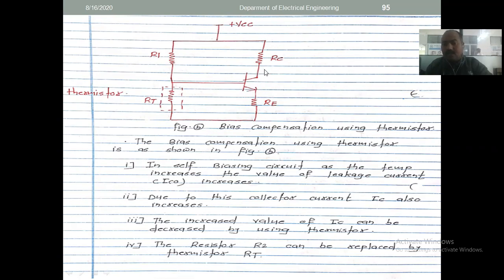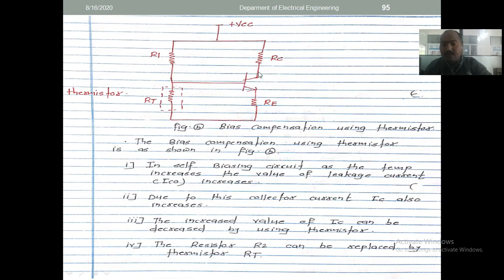So current conduction happens due to the majority as well as the minority charge carriers. But in case of leakage current, as we increase the temperature of the device, the leakage current, that is the current due to the minority charge carriers, increases. Any device has both majority as well as minority charge carriers. So the current due to the minority charge carriers increases.